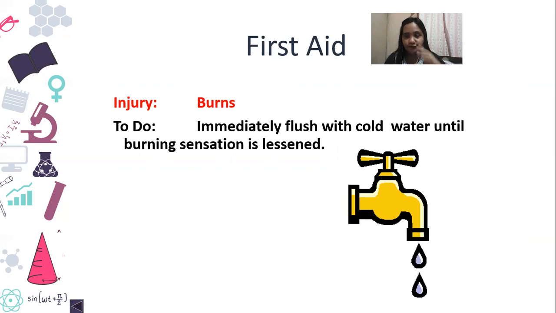But you can use first aid in your daily life too. For example, you're cooking and you burn yourself, you touch the pot and it's hot, just immediately flush your hands or the affected area with cold water.